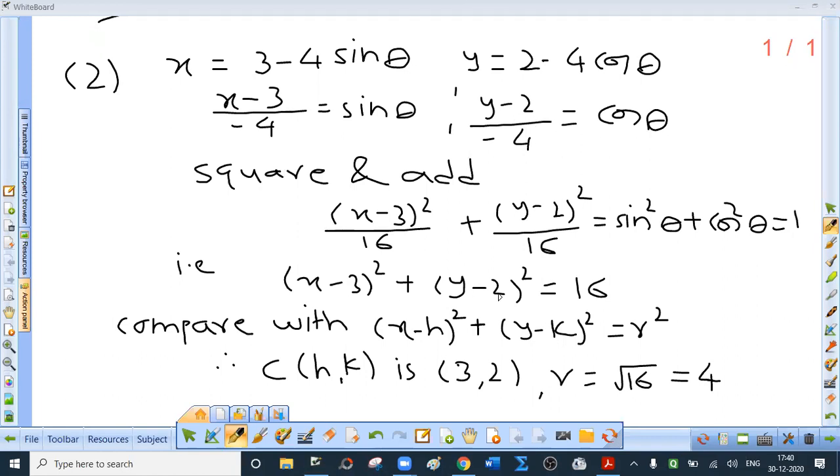Square and add. Rearrange the terms to get x minus 3 square plus y minus 2 square equal to 16. Now this is comparable with center radius form, x minus h square plus y minus k square equal to r square. So the center h k is 3, 2. And what is radius? Root 16, that is 4.